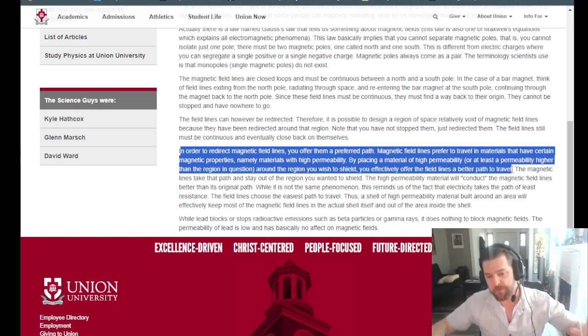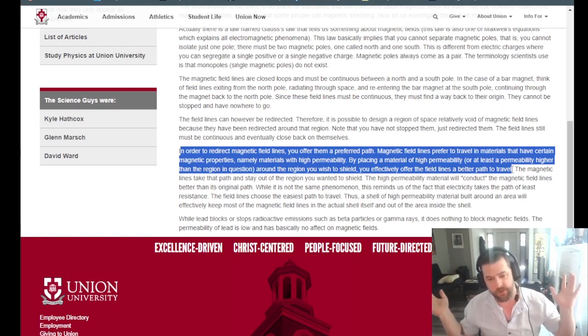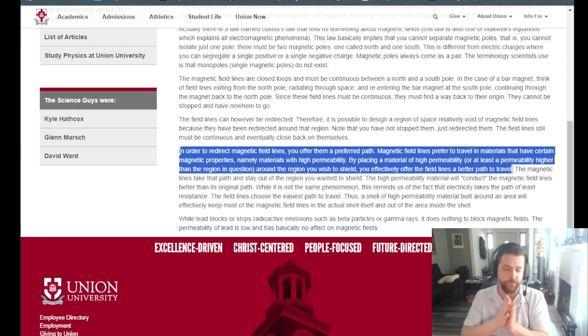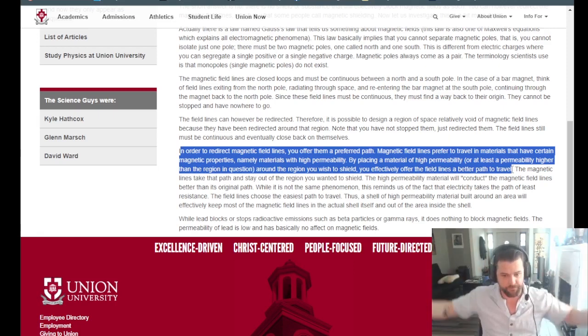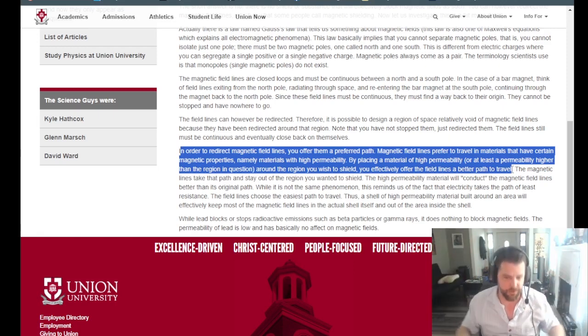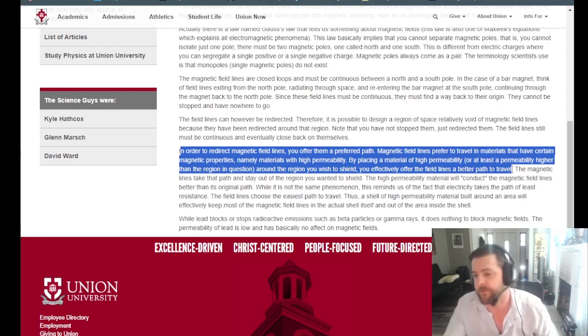So they're basically saying, hey, look, you can make a waveguide for magnetic fields, all right? And all it's got to be is something that's conductive to magnetic fields. And then the magnetic field prefers to go that way as compared to its normal track through space. If you give it a line to siphon through, it will do that if it likes that line well enough, okay?